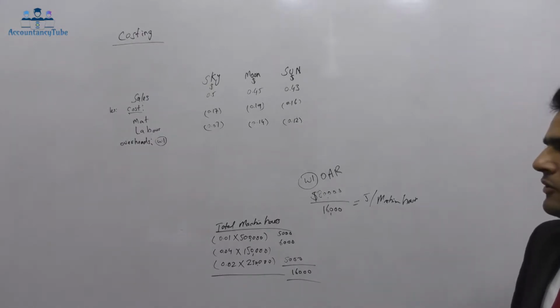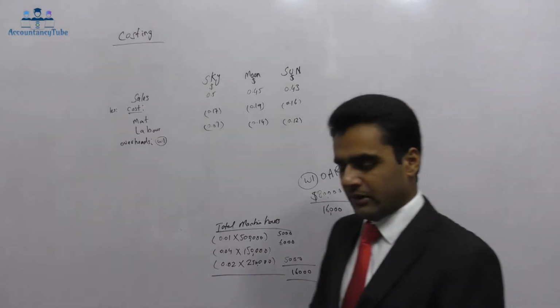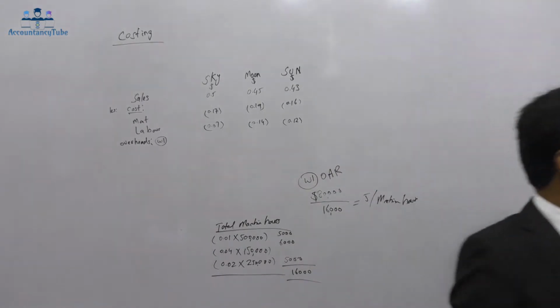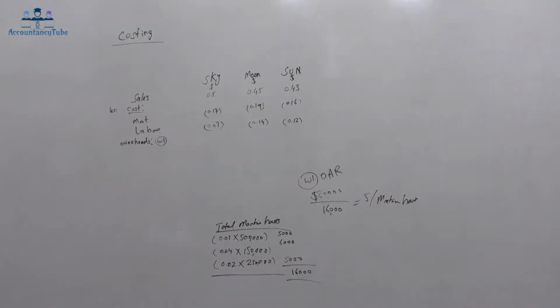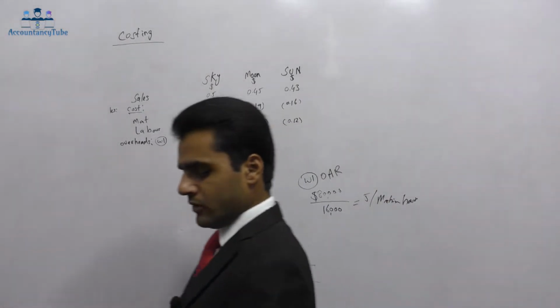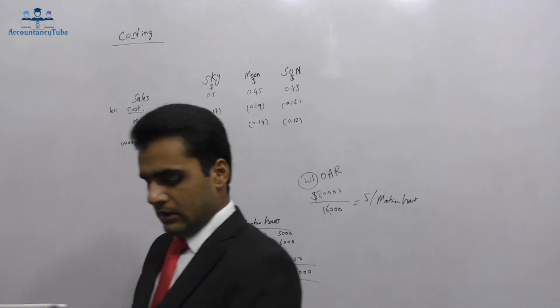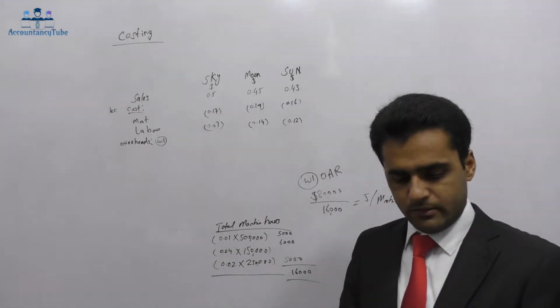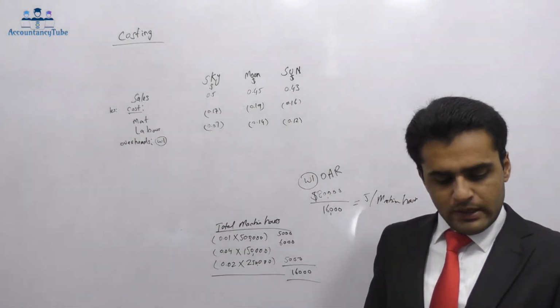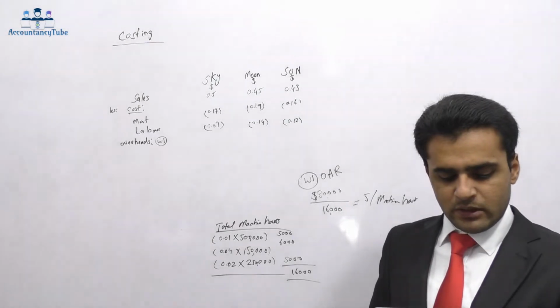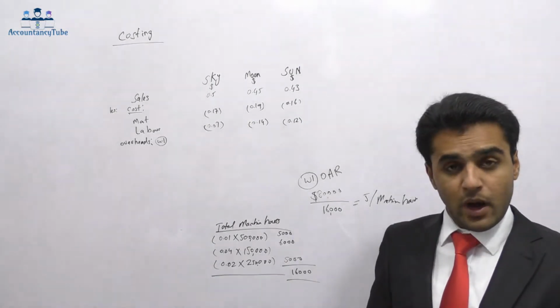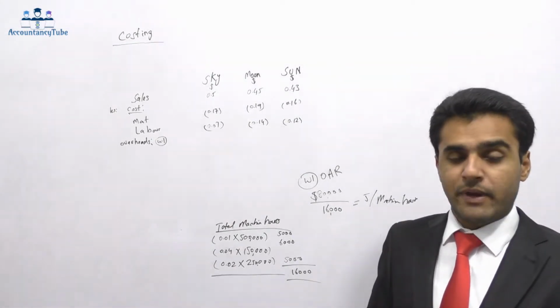So if it is 5 per machine hour, we know now, because it is given to us in the question, how many hours it takes to manufacture 1 unit of Skybar, 1 unit of Moneg, and 1 unit of Sunbar. So let's look at the question now. It will take us 0.01 hour to manufacture the Skybar.